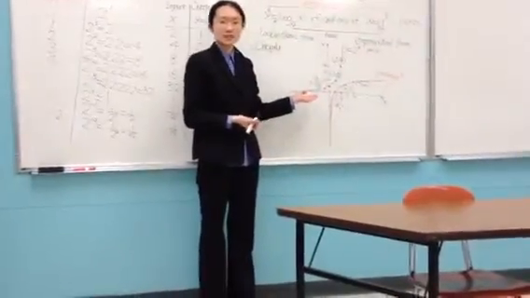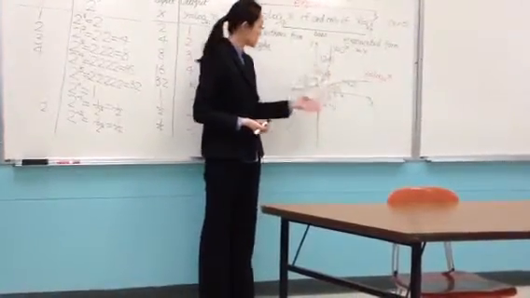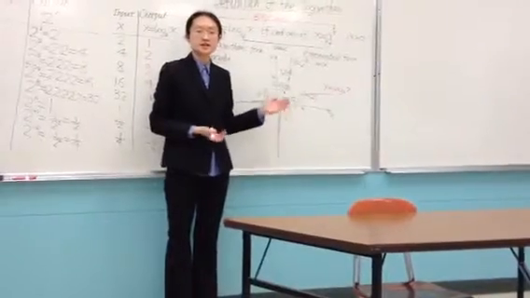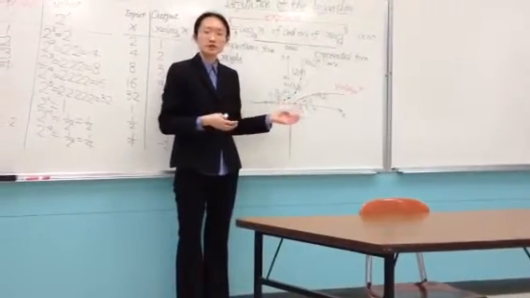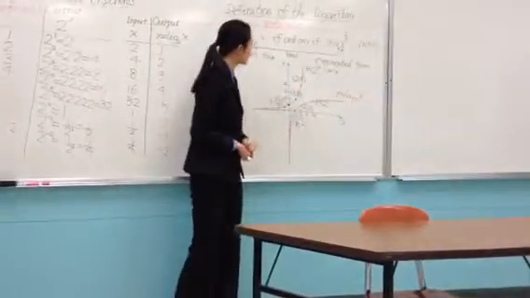Is that right? Very good. So does anybody know why this is? Recall the first section of this chapter, we studied inverse functions, because these two are inverse functions of each other. Okay.